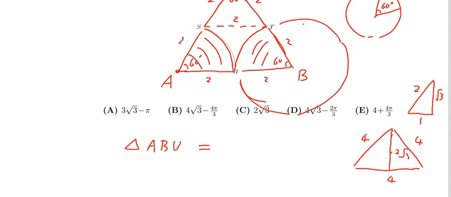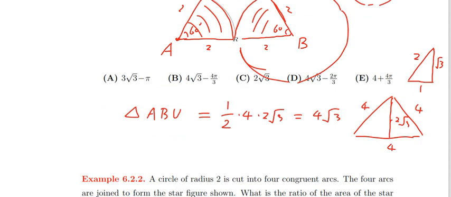So the area is half times 4 times 2 radical 3, so cancel the 2, equals 4 radical 3. And then minus this so-called 1 of 6 circles, so actually 1 over 3 circle, right?